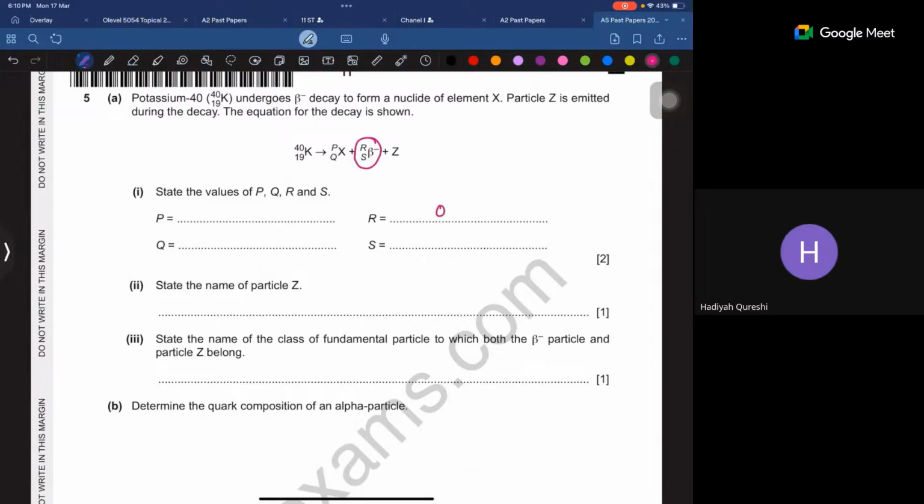R has to be 0, S has to be -1, and this is going to be 40 because in beta decay mass doesn't change, but this is going to be 20 because it increases a bit. And you can try this as 19 equals Q minus 1.